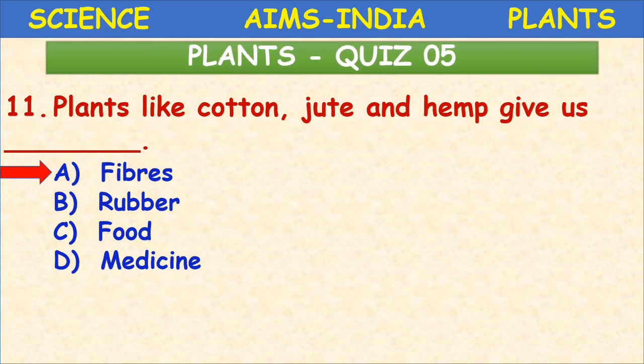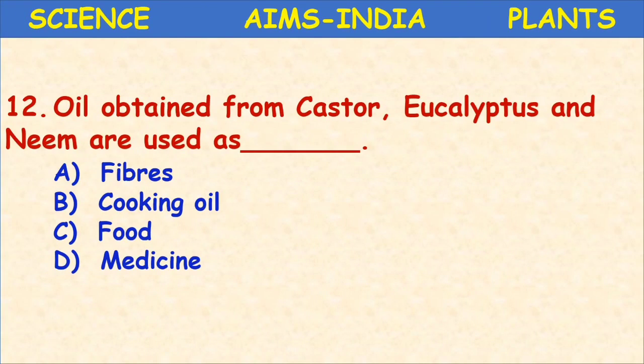By that we can make cloth, mats, bags and so on. Oil obtained from castor, eucalyptus and neem are used as what? We get castor oil, eucalyptus oil and neem oil from these plants.